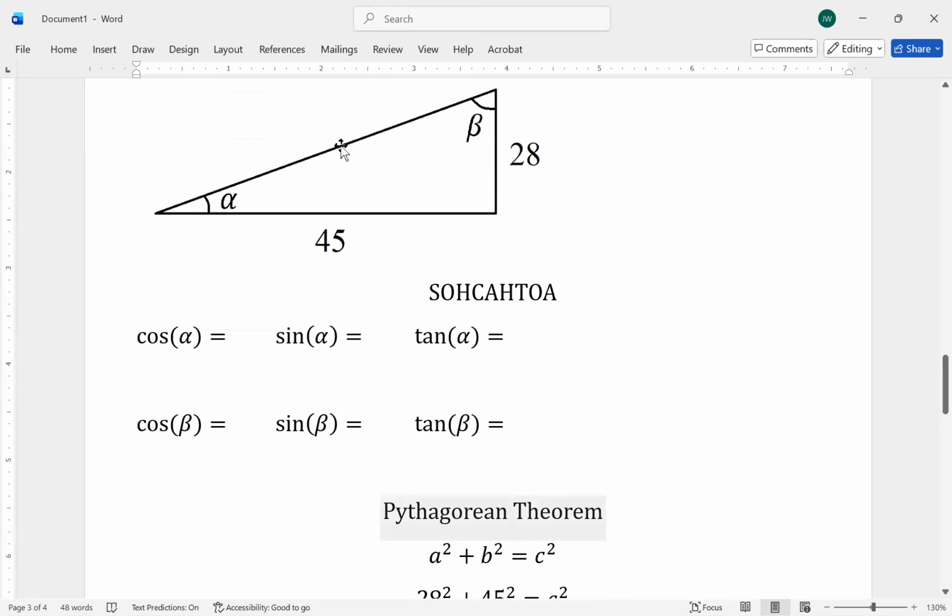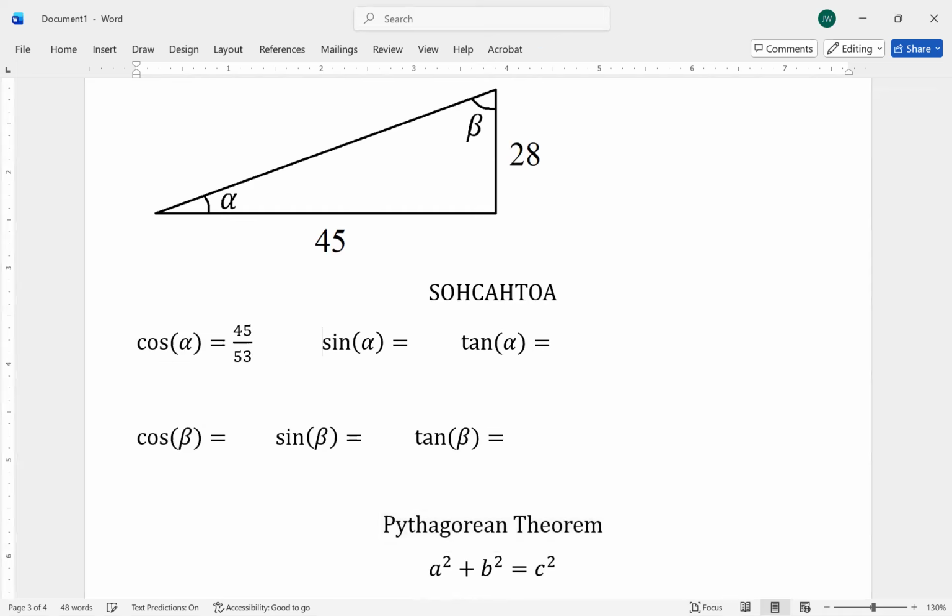Then I can go and fill out quite quickly everything for the cosine of alpha, sine of alpha, tangent of alpha, and cosine of beta, sine of beta, tangent of beta. So cosine of alpha is adjacent over hypotenuse. That's going to be 45 over 53. Once again, we just found that 53 is the length of the hypotenuse.